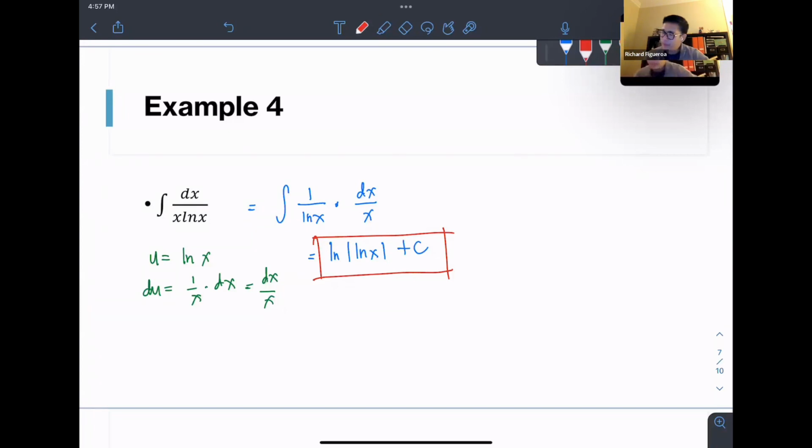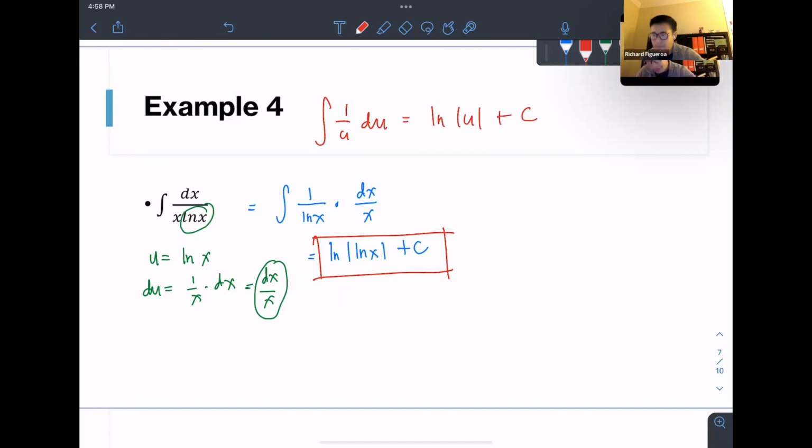So our u is just the ln x. So this is just our u, ln x. The derivative of ln x is dx over x. Now, isn't our formula from earlier that the integral of 1 over u du equals ln u plus c?